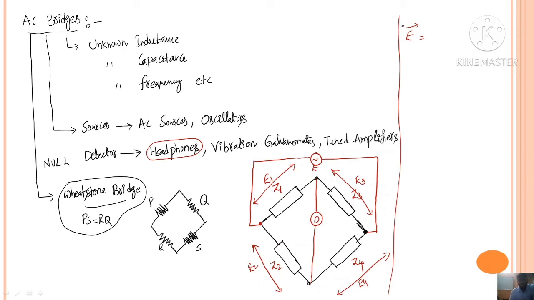So the source voltage E is the phasor sum of E1 and E3, if you apply KVL for this loop. Or you can also write E as the phasor sum of E2 and E4.